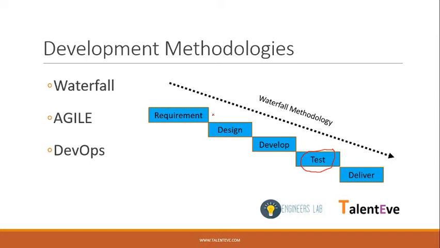Now DevOps is another methodology, which can be said to be an extension of Agile at a very high level, where the delivery and the operations team, the development and the operations team, are brought together to come up with a new strategy where you want to reduce the development cycle. So we'll talk about that in the later videos.